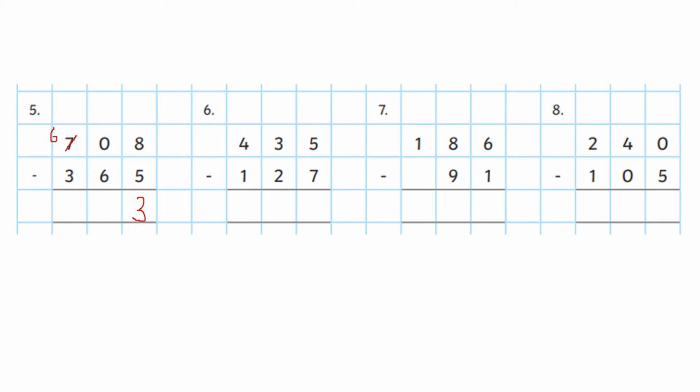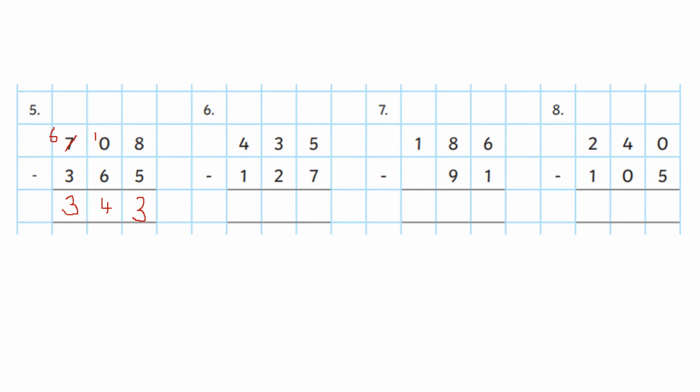So we change our 700 for 600 and we bring them over here to say we've got 10 in the tens column. So now we can say 10 take away 6 is 4. 600 take away 300 equals 300.